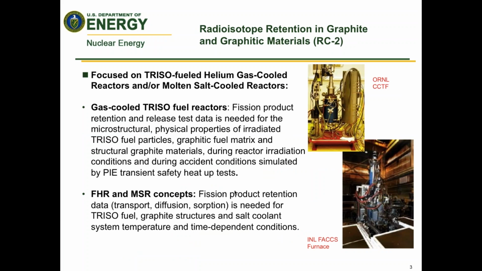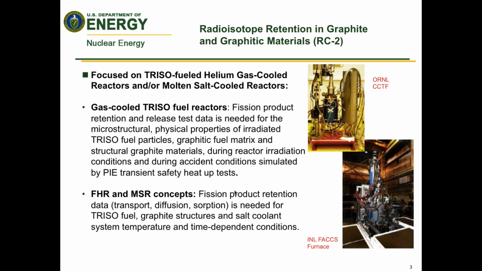Again, we're focused on molten salt cooled reactors and high temperature gas cooled reactors, not for flowing fuel inside a molten salt coolant. We have different needs for the particles during radiation and PIE transit.